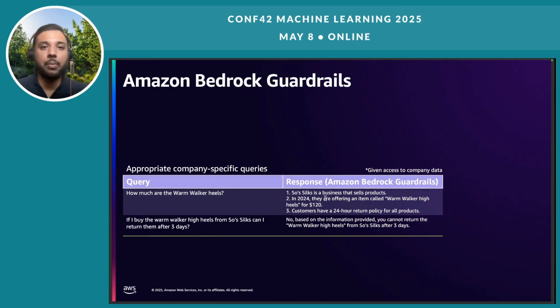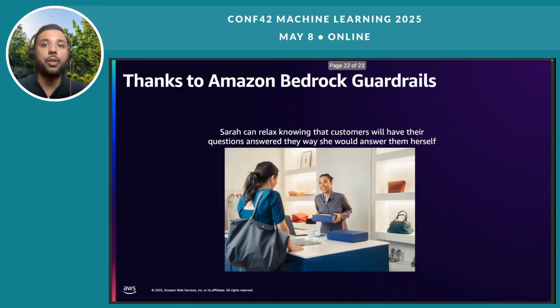So that's pretty much what I wanted to cover today. Thanks to Bedrock Guardrails, whenever you're building AI systems, agentic AI solutions or chatbots, there is an option for you to configure and apply to your LLMs so that your data remains safe, your brand reputation remains safe, and you can monitor the different invocations made by the users and how many have been flagged against any particular guardrail.